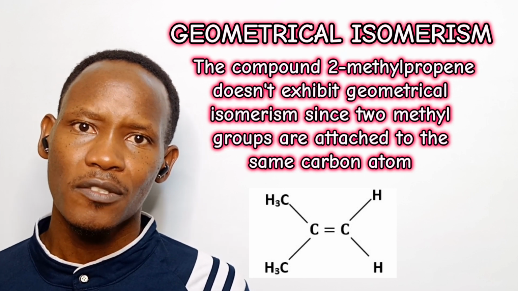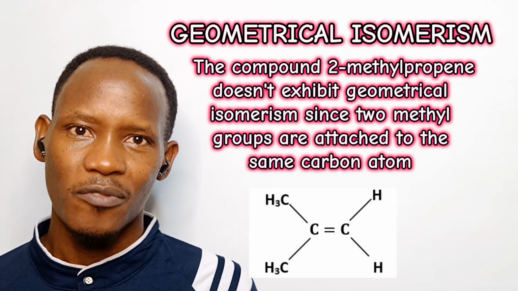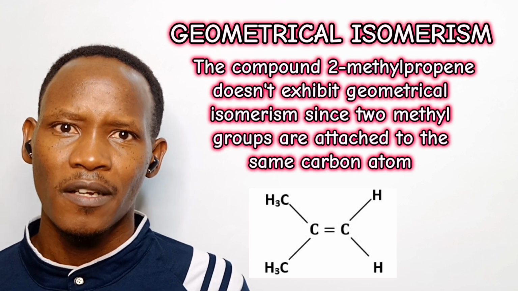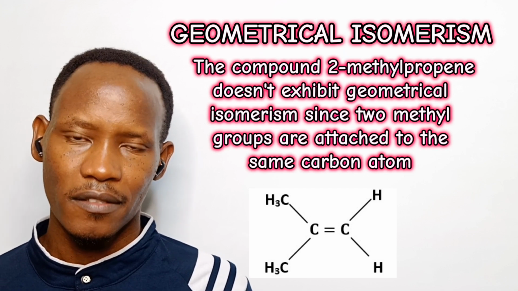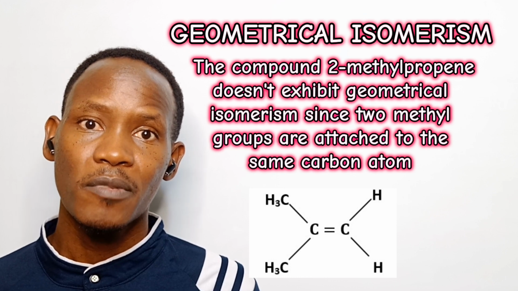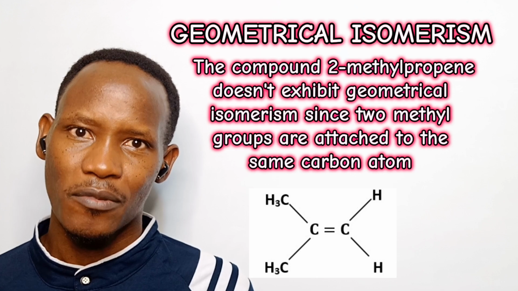Notice that this compound can never exist as a geometric isomer. That means there is no trans isomer for this compound, neither is there a cis isomer, the reason being that there are two methyl groups on the same carbon atom.